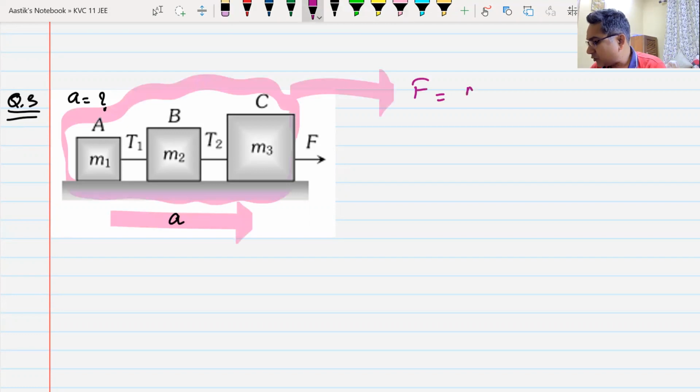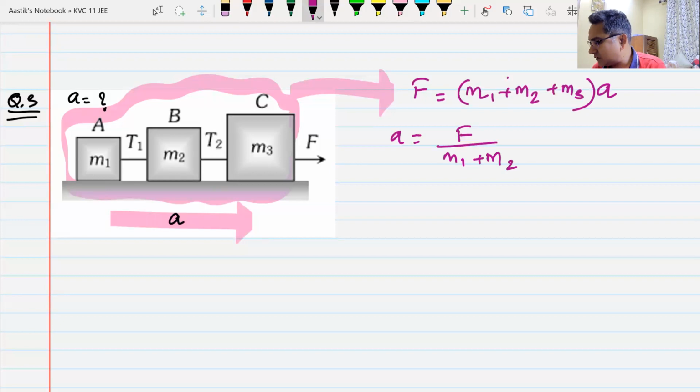F will be equal to m1 plus m2 plus M3 multiplied by A, or I can write A will be equal to F upon M1 plus M2 plus M3. Do we understand this? This is how I get by solving it 3 as 1.